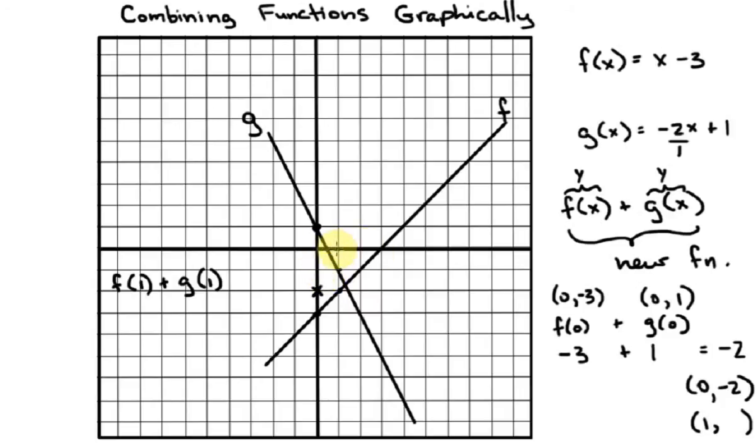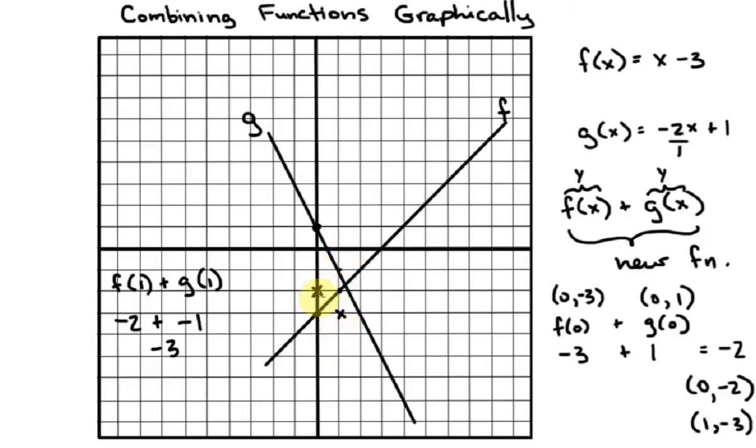F of 1 looks to be -2, so that's like -2. And g of 1 looks to be -1. So I think we're getting -3 as the y value. Okay, so that is the point 1 to the right, and we're down at negative 3.